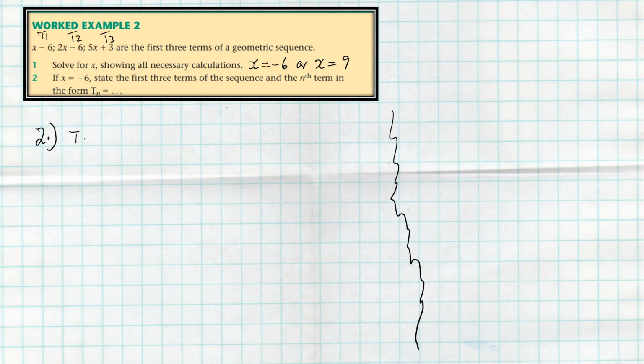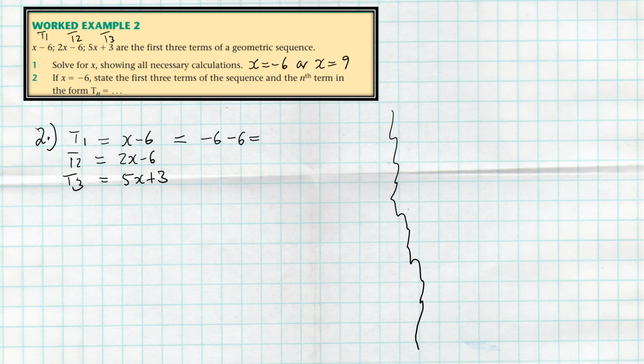So we want term 1, term 2, and term 3, right? Term 1 is x minus 6, don't forget. Term 2 is 2x minus 6. Term 3 is 5x plus 3, right? So where there is x, we're gonna replace it by minus 6.